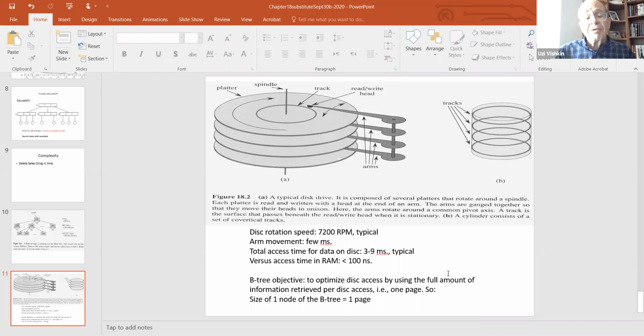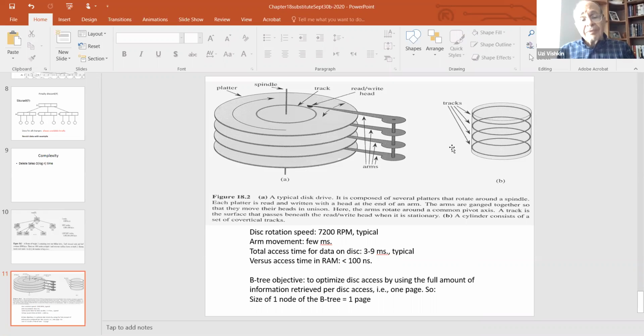support for data storage is a disk, where the disk looks like that. You have here a spindle, you have multiple tracks, like here, and they all physically turn around, and you have an arm and a needle or a reading head at the end of each arm.